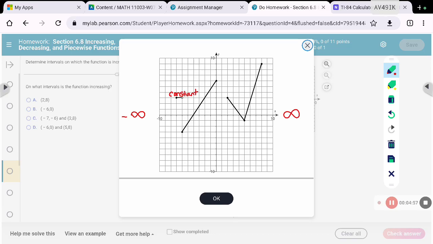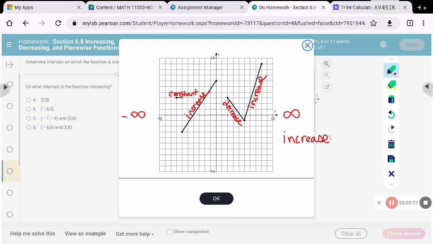Then this next piece, the values are going up, so that's an increase. The next piece I'm going to run into is this one, and the values are going down here. And then the very last piece would be increasing.